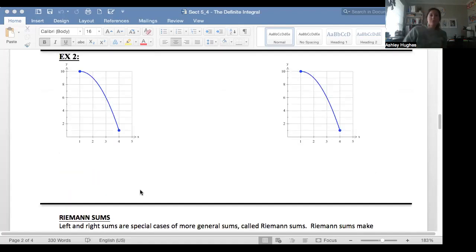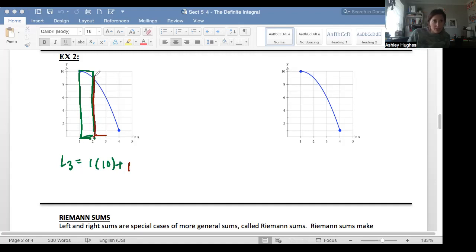Okay. If we did left hand and right hand with this guy, same idea, left hand sum. I'm going to go over 1. So my width is 1 and my height is 10. My next rectangle would be a width of 1 and then a height of 9.